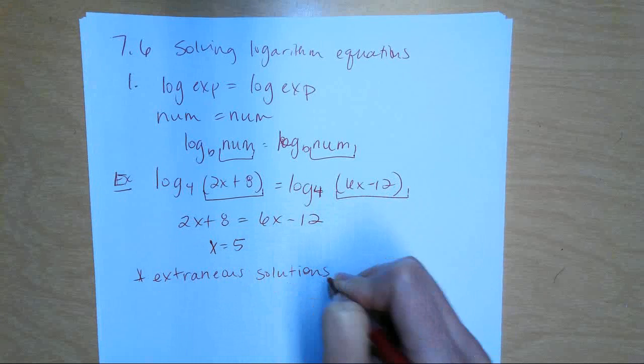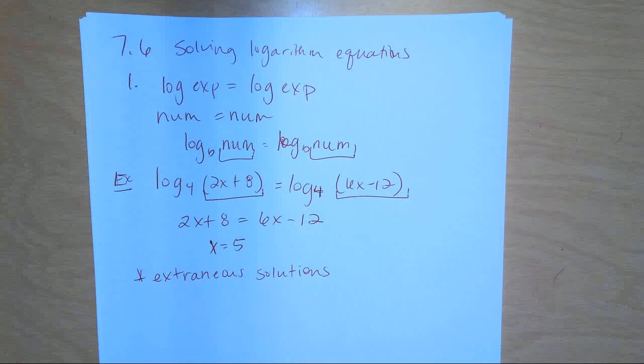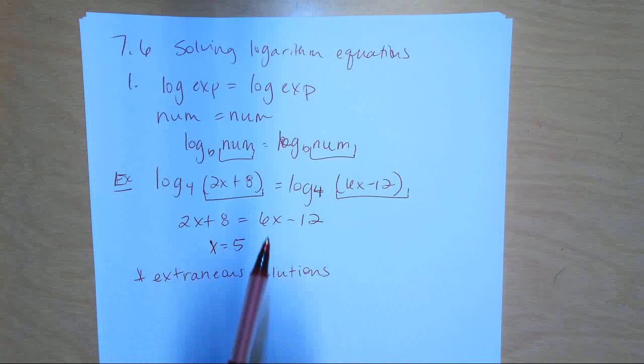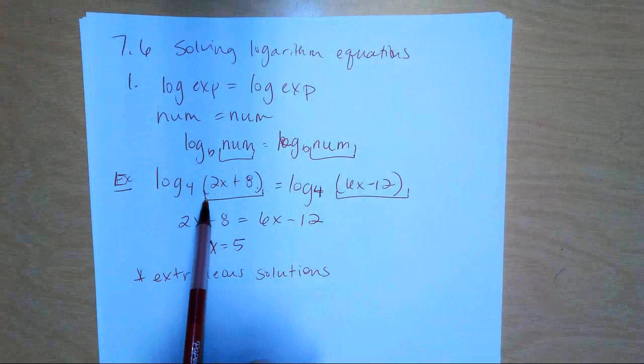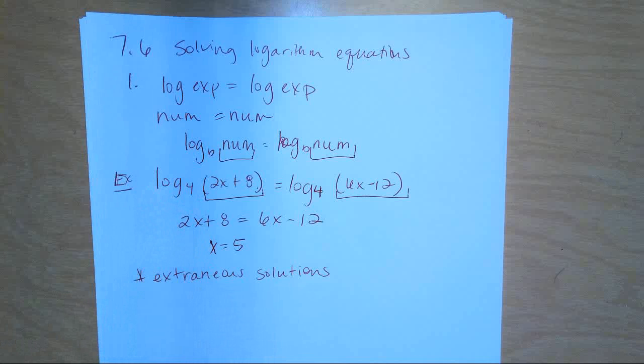Sure. Okay, extraneous solutions. These problems can have extraneous solutions, and here's why. The number inside of here, so when you take log of a number, what do we have to know about that number? Here's a hint.